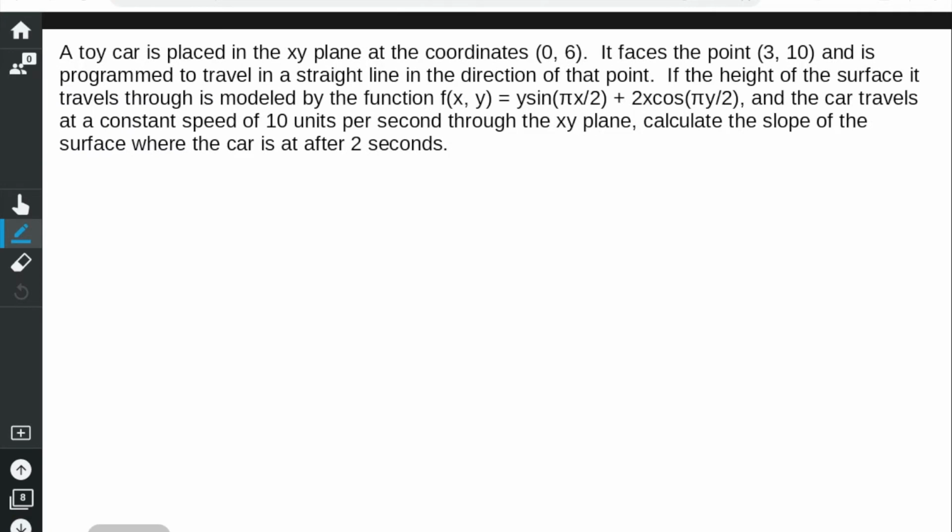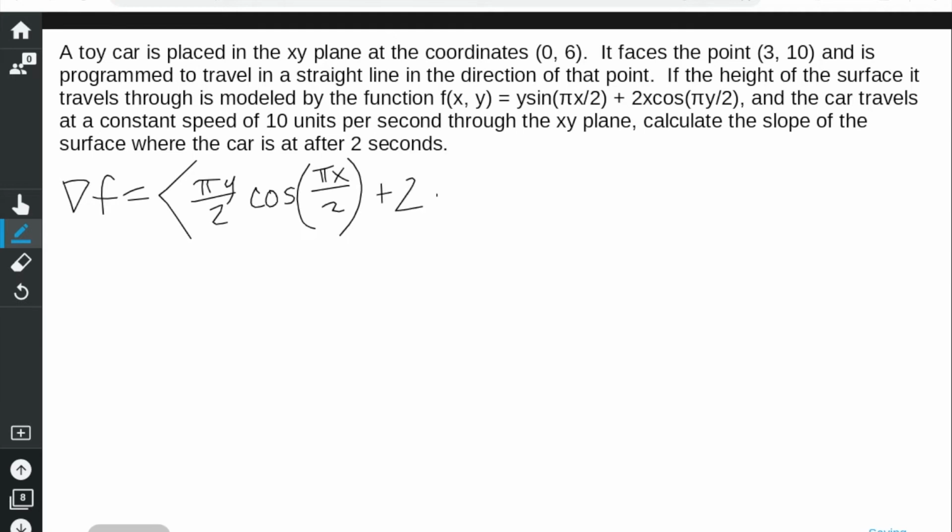When we're finding the directional derivative, the first thing we need is the gradient of the function, so I'm going to find the gradient of f. For the partial with respect to x, we have pi halves y times the cosine of pi x over 2, plus 2 times the cosine of pi y over 2.